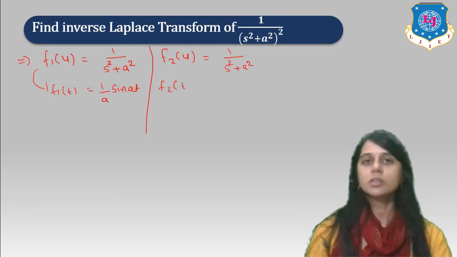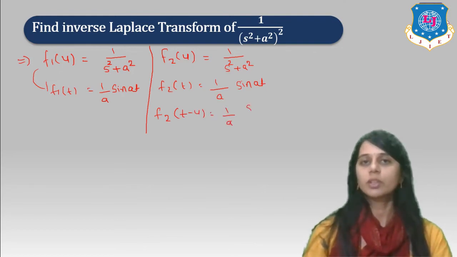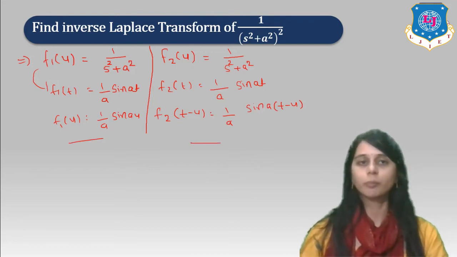Similarly, f2(t) is 1 upon a sin at. In the second function, we get f2(t minus u), so it is 1 upon a sin a(t minus u), and f1(u) is 1 upon a sin au. We get the two functions.